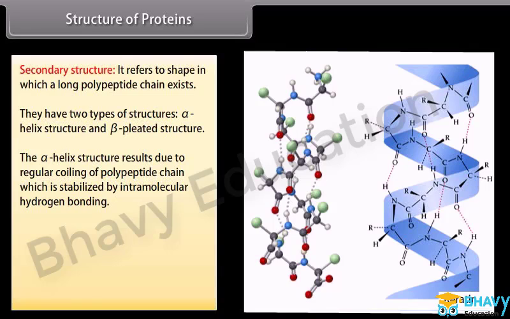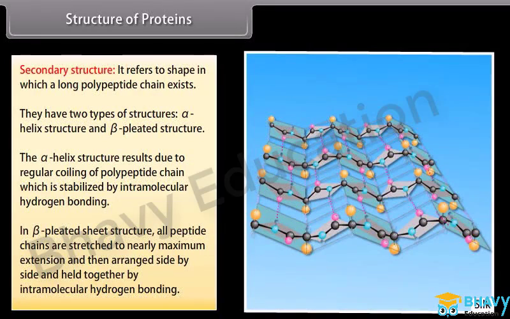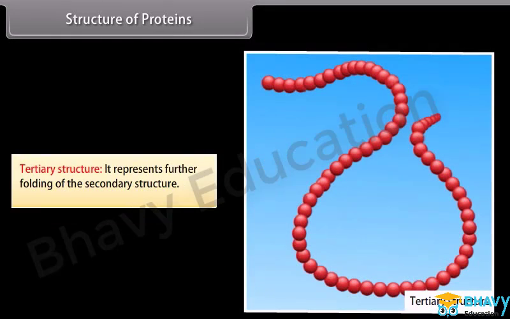For example, keratin. In beta pleated sheet structure, all peptide chains are stretched to nearly maximum extension and then arranged side by side and held together by intramolecular hydrogen bonding. For example, silk.